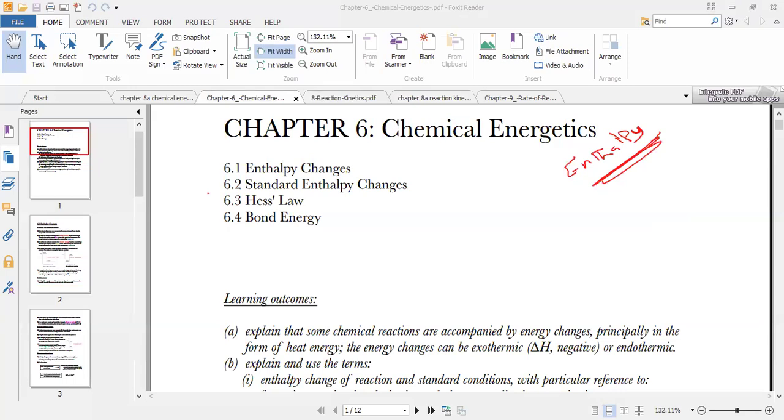Enthalpy is the heat content of matter. It is the total amount of heat stored inside the matter. So enthalpy means heat content. By the difference in enthalpy between the molecules, we can get the delta H, or change in enthalpy, and detect if it's exothermic or endothermic.